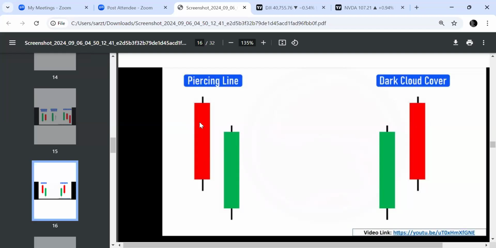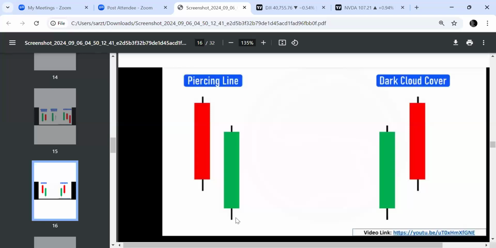This move is significant because it shows that buyers are now entering the market and are strong enough to push the price above 50% of the previous day's red candle, despite the initial gap down.